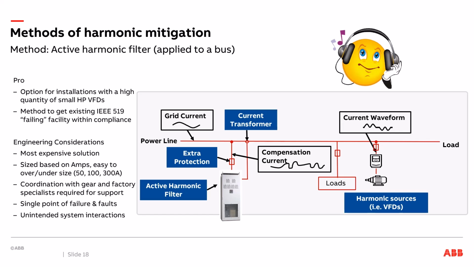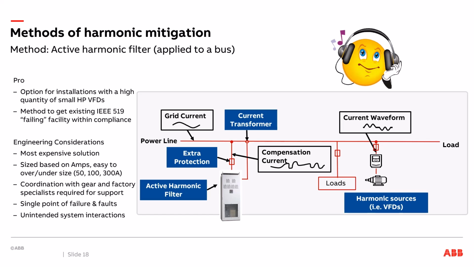If you have an individual module go down and they're all sharing that same CT, to get access, do your lockout tagout, put on your PPE, you're going to have to power down all those other modules, find a way to bypass that current transformer so that it can go to the still good modules, and then bring the network up and get it working again. So there's just a little bit more coordination that goes on there. I mean, depending on the type of active harmonic filter, some of them have over 25 different fault scenarios.